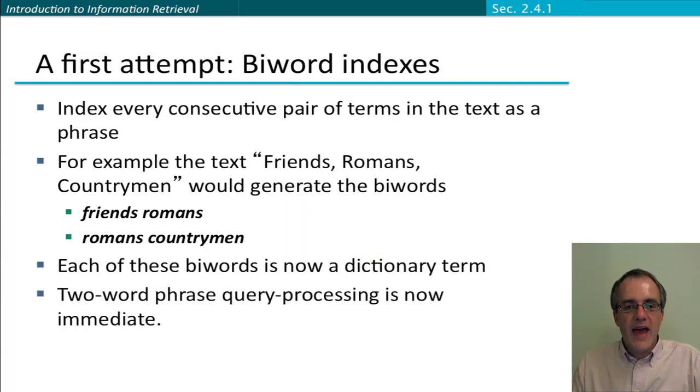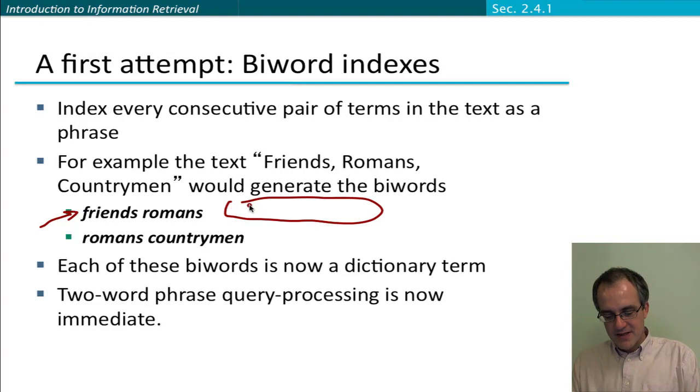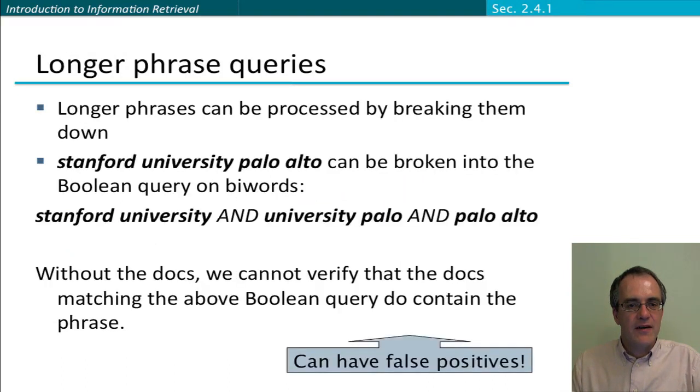Well, if we build that, two-word phrase querying is now immediate, because if we want to find documents that contain friends Romans in them, we can just look up this dictionary entry and then grab the postings list that was returned for it.